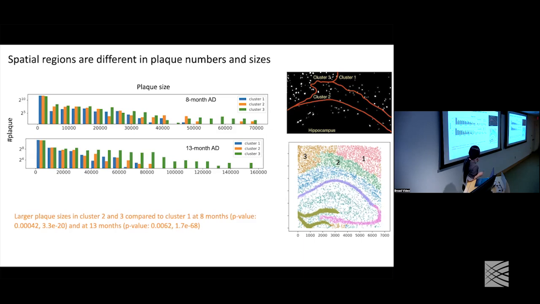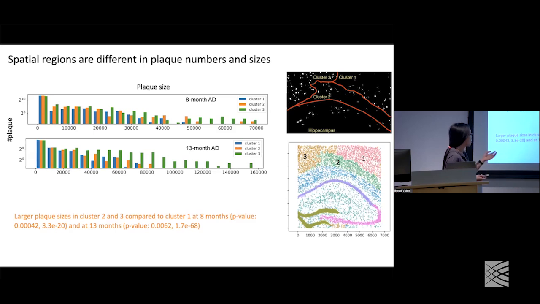In the cluster 3 region, there are visually already more plaques. And we also have a quantitative measurement of the size of the plaques in different regions. You can see that for both the 8-month and the 13-month AD transgenic mouse, it's always true that in the cluster 3 region there are more plaques and there are larger plaques.